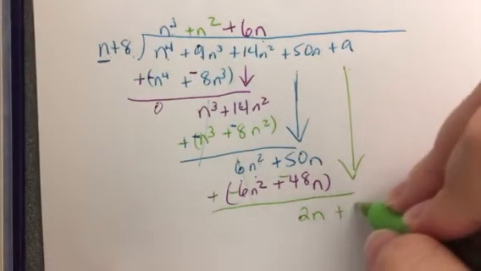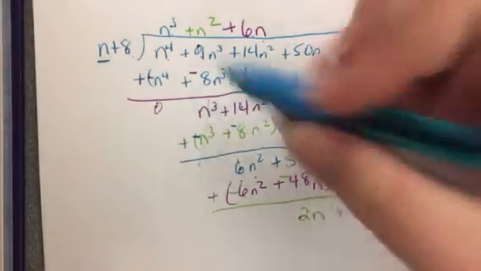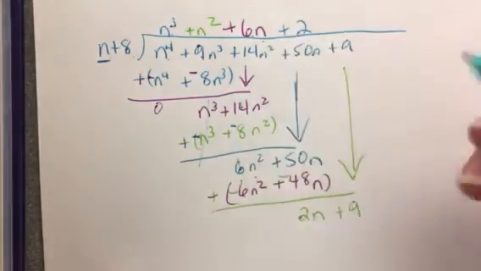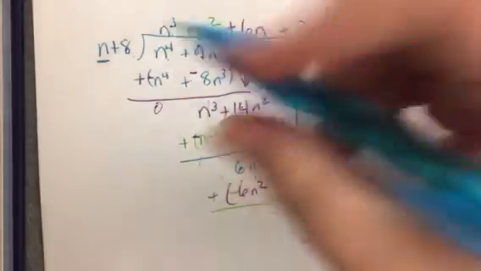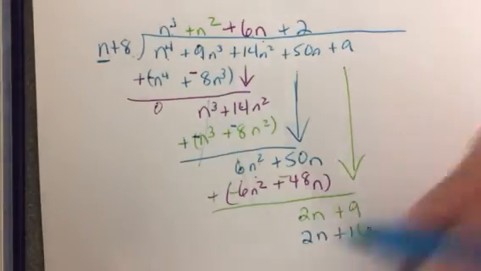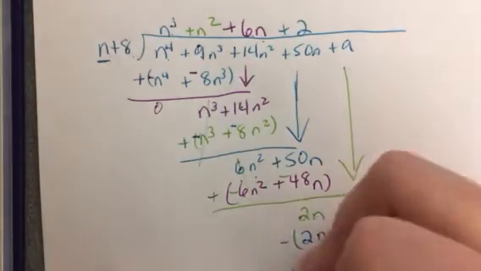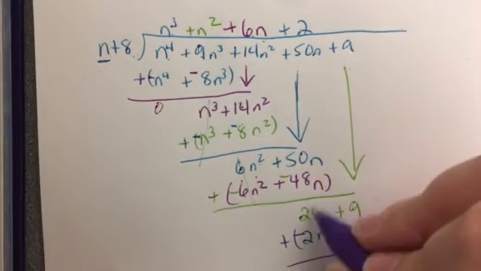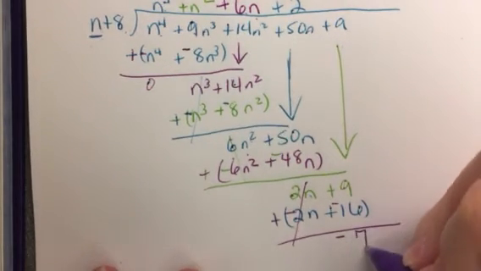Bring down the next term. 2n divided by n is 2. 2 times n is 2n. 2 times 8 is 16. Subtract. Change our signs. 2n plus negative 2n is 0. 9 plus negative 16 is negative 7.